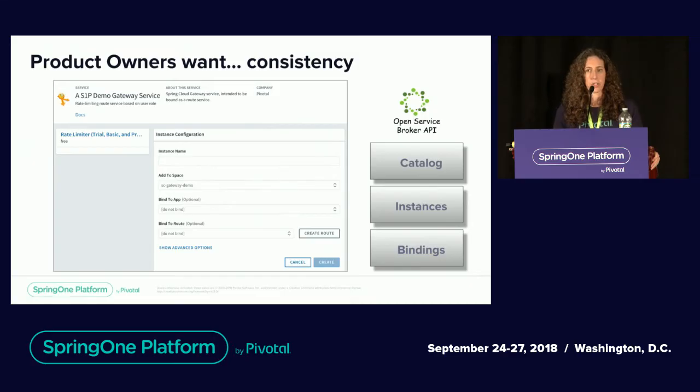As a product owner, you want to ensure that your developers have access to all of this in a very easy way, that they know where to go to get the gateway, how to bind to it, and that you have sort of an operationally easy way to upgrade the gateway, et cetera. So for this, we're going to be implementing the Open Service Broker API, which has these concepts of a catalog of how to create an instance and how to bind an instance to your, in this case, to your route.